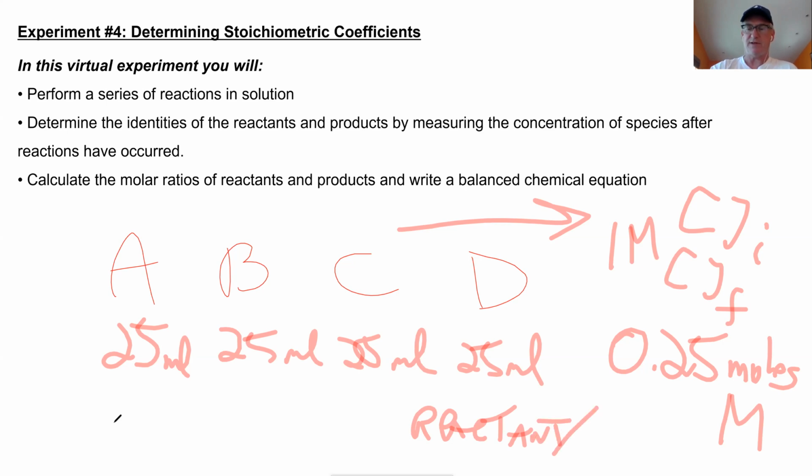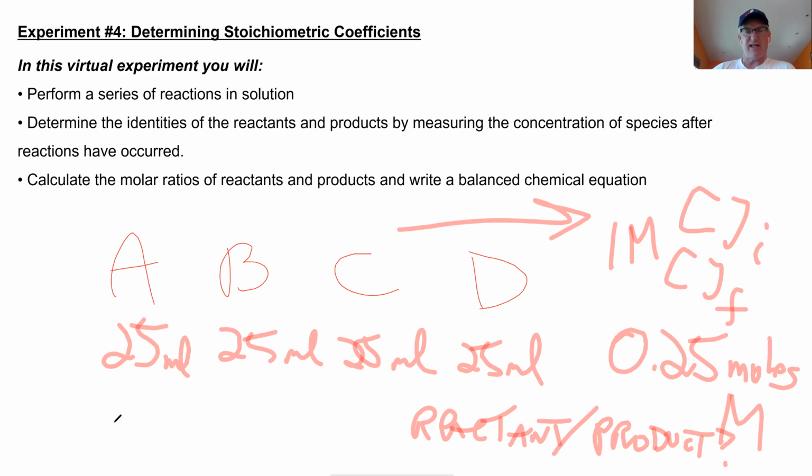How do we know when something's a reactant or a product? Oh, that's capital M, not small m. That's molal, that's a different thing.